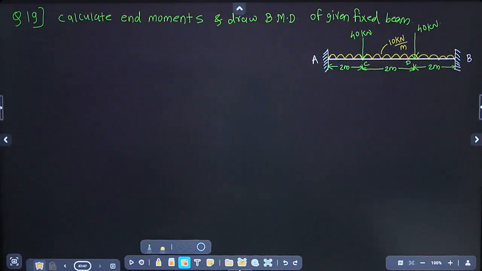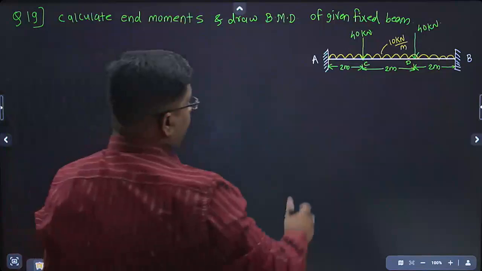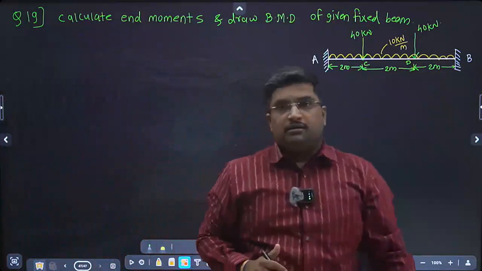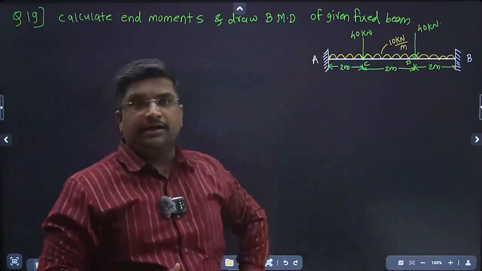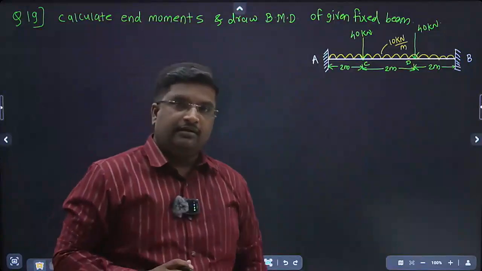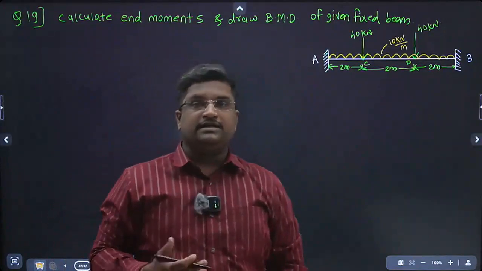Symmetrically loaded, correct? Then start the procedure if the beam is symmetrically loaded. Now see, from the figure you can recognize that this given beam is symmetrically loaded, and then we can calculate the reactions easily.